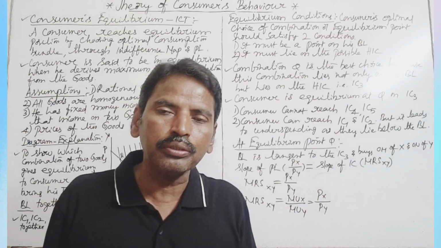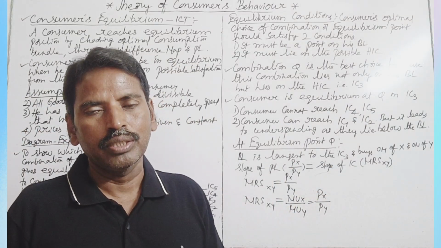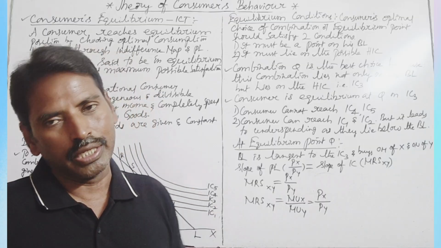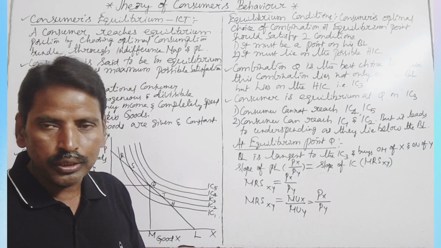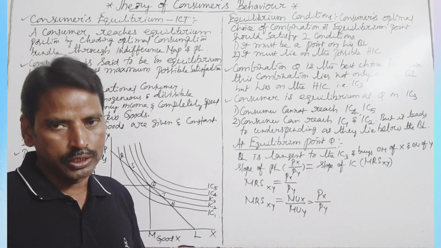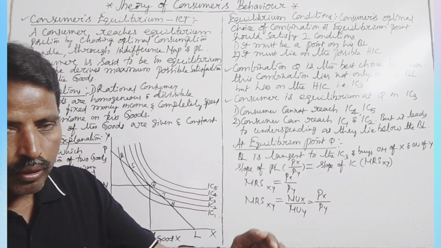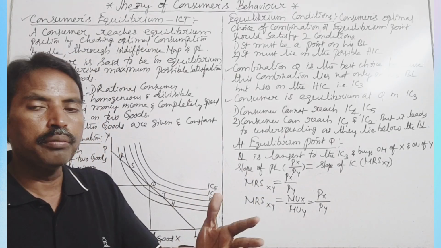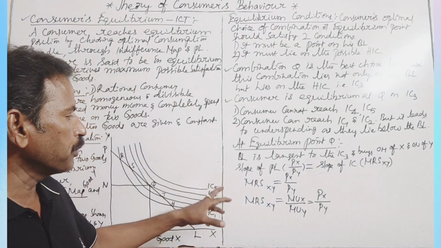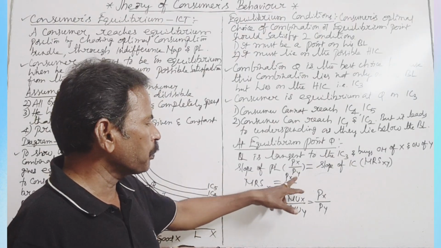MRS XY is equal to delta Y by delta X, change in Y by change in X. Slope of price line is equal to slope of indifference curve. That means Px by Py is equal to delta Y by delta X. Therefore, MRS XY is equal to Px by Py.